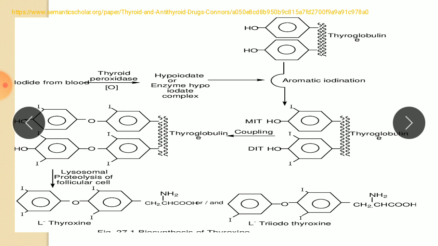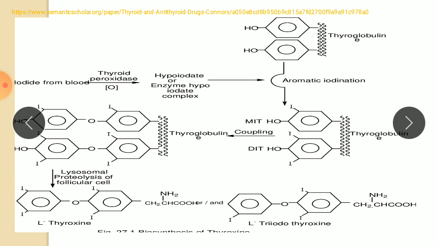So here the first step is uptake of iodide. The iodine from the diet is absorbed or taken up by the thyroid gland. That is the first step. Normally the ratio of thyroid iodide to serum iodide is 20:1.